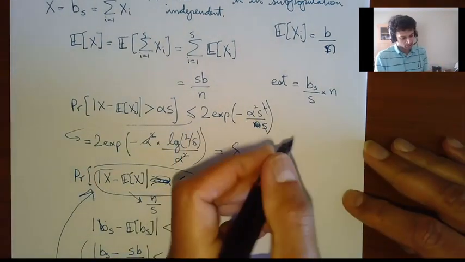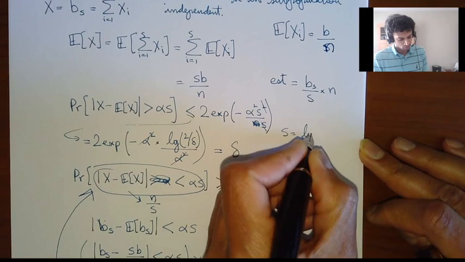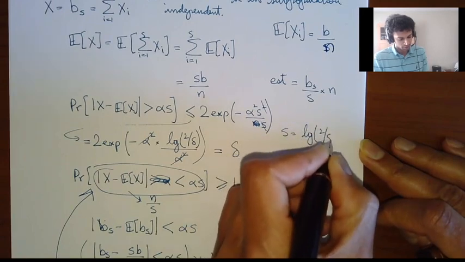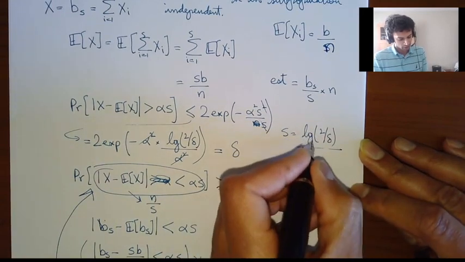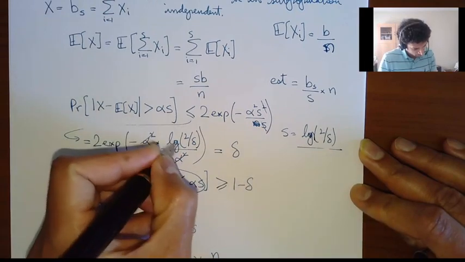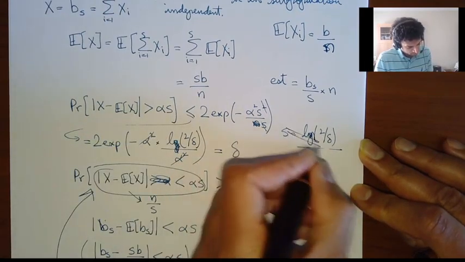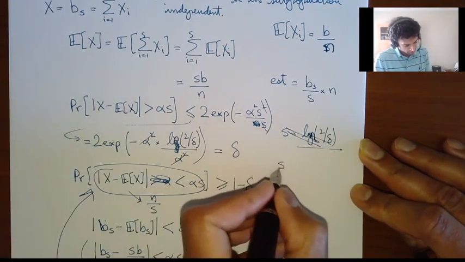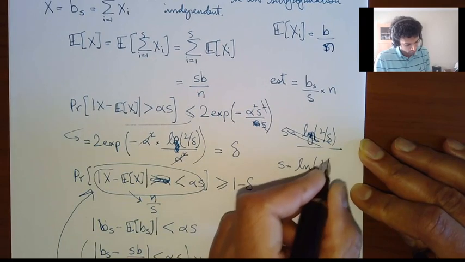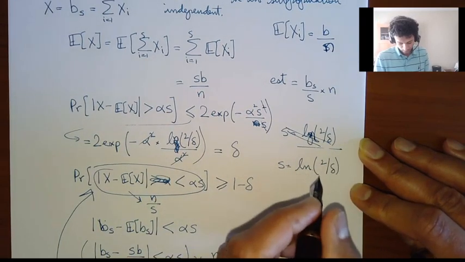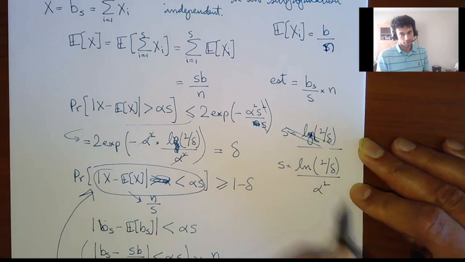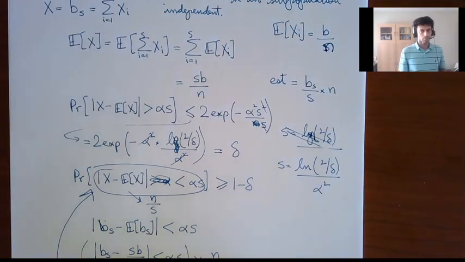And remember, s over here was the natural log of 2 divided by delta, divided by alpha squared. Any questions?